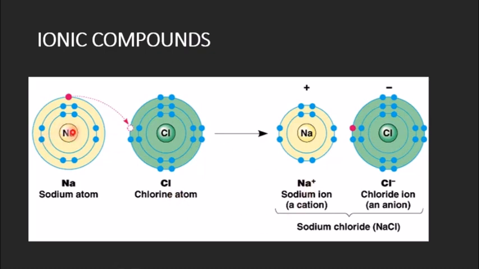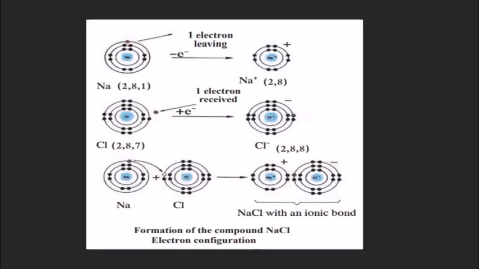So here it becomes 2, 8, this becomes stable and it becomes positive, a cation. And chlorine, as it is taking the electron from someone else, becomes an anion and acquires a negative charge. This is how these both are attached together by the ionic bond. So the formation of the compound NaCl takes place.